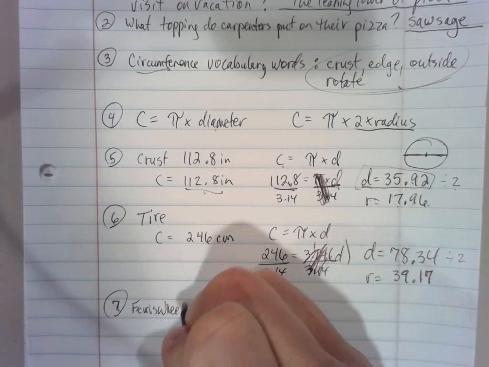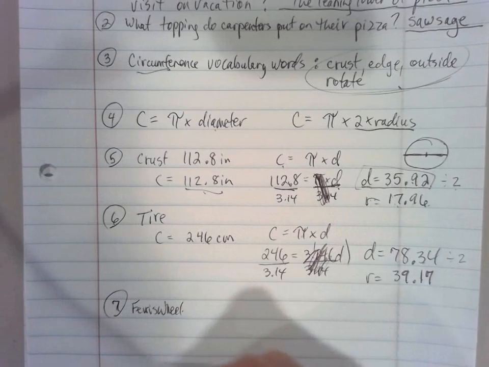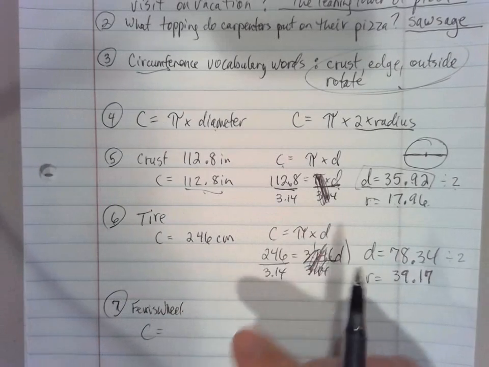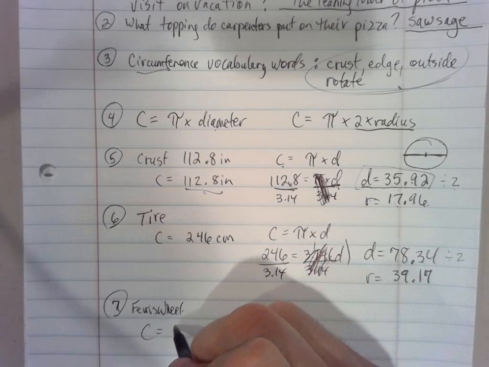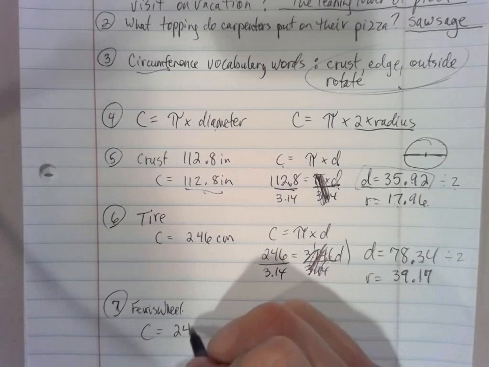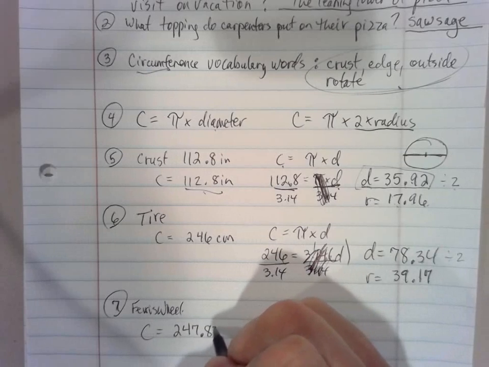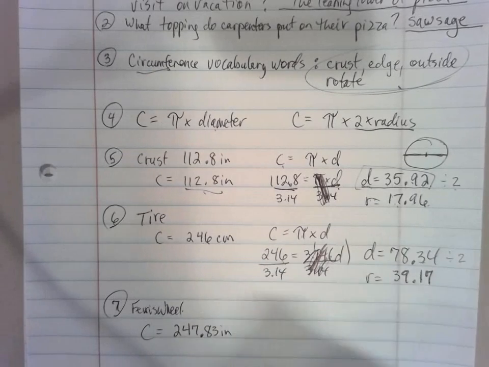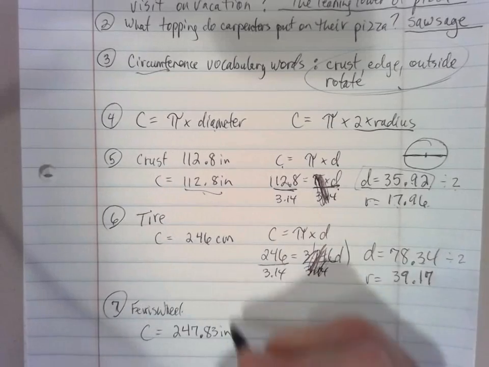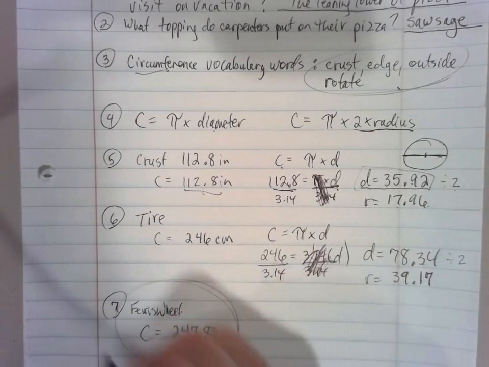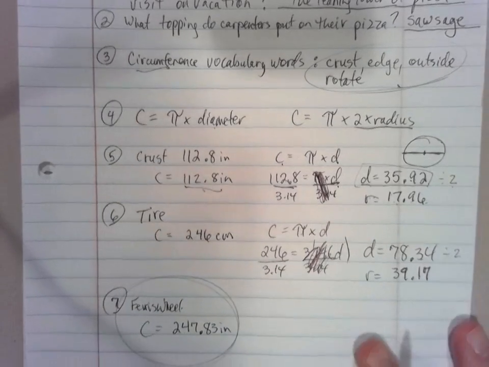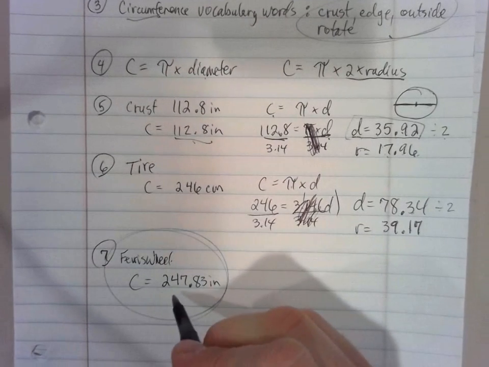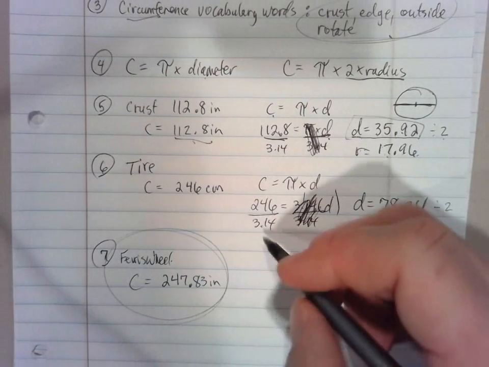Let's say you've got a model Ferris wheel, and the circumference, all the way around it, was 247.83 inches. If you measured all the way around, you got the Ferris wheel there, right? Think about it going around. If you rotated it around one time, all the way around, it's a little model, 247.83 inches.